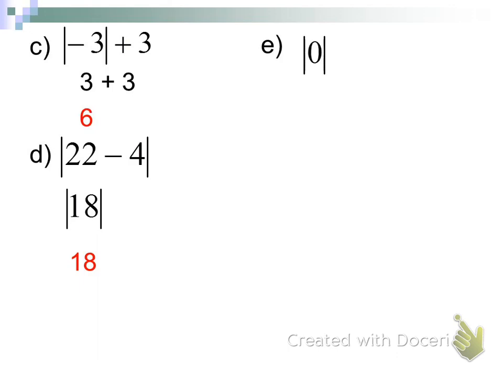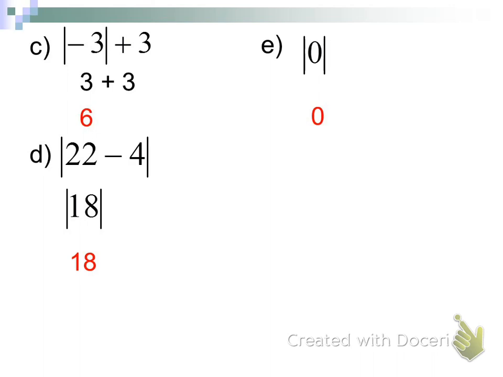Okay, this is where it gets kind of tricky. This is why I said absolute value is always positive, that's kind of a lie. Because it could be 0. Yeah, 0 is 0 spaces away from itself, right? So absolute value can be 0. And 0 is not positive or negative.